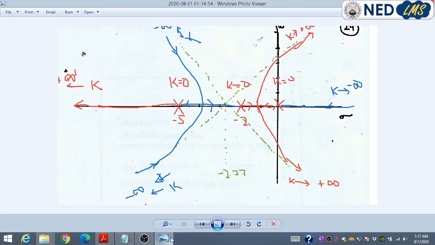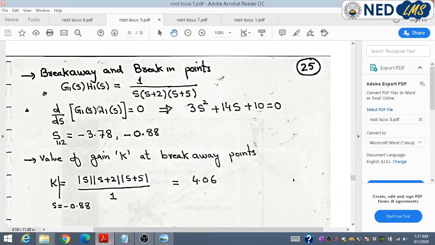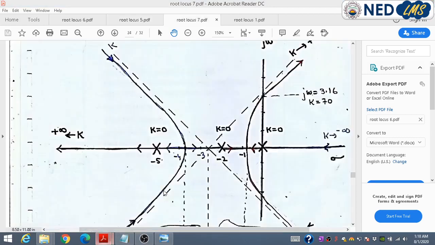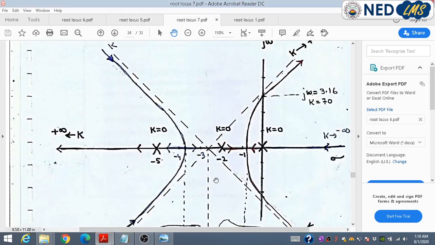As we already expected, we need one real solution over here and one real solution over here, and I have also stated that if the real solution is the outcome of the polynomial of the breakaway and break-in point, then we have to consider this solution. We cannot discard this solution. By using these two solutions, finally the root locus comes out to be this one.